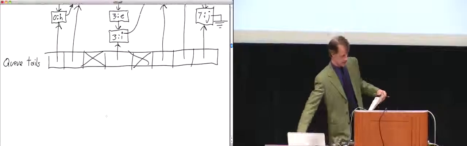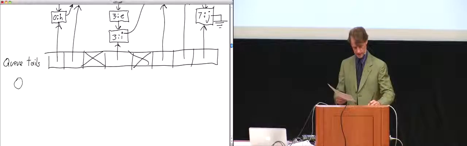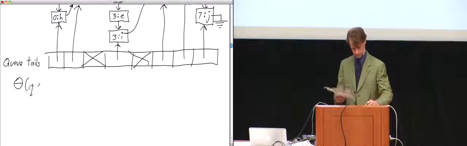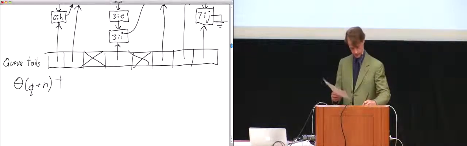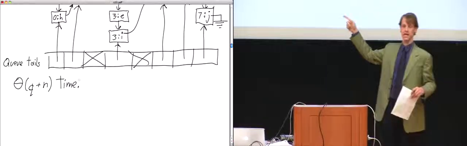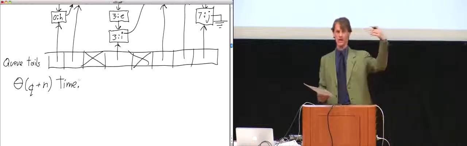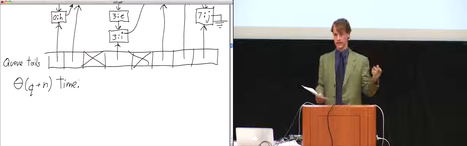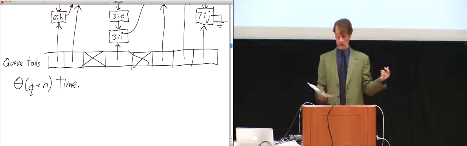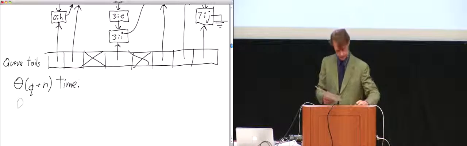Now the running time of this is theta of q plus n, and that is both worst case time and best case time. It takes theta of q time to initialize all the buckets and then to concatenate them all together at the end. It takes theta of n time to put all the items in their buckets.